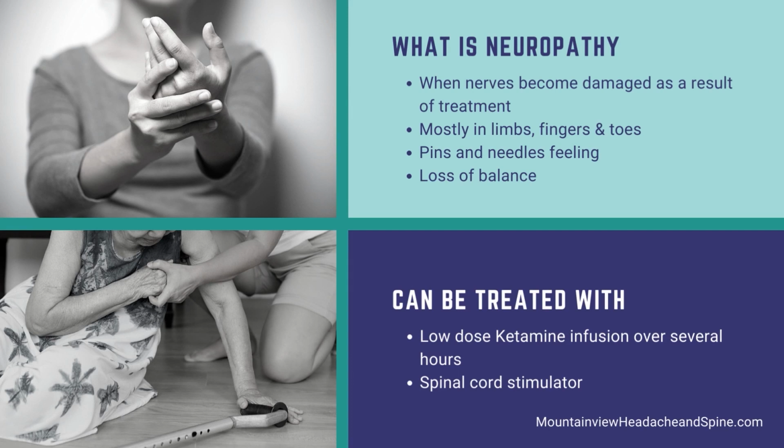Whenever you have nerve damage, some people will have pain sensation, some will have numbness or pins and needles sensation. That's what we mostly call neuropathy. It's mostly in the limbs, lower or upper extremities, in your fingers or your toes. Sometimes it presents with loss of balance. I have patients who find it hard to drive after developing neuropathy.